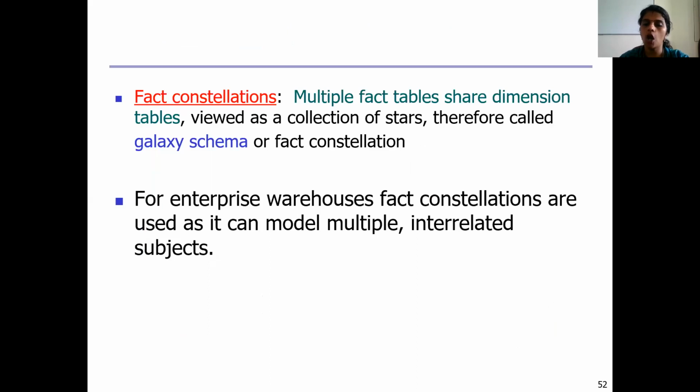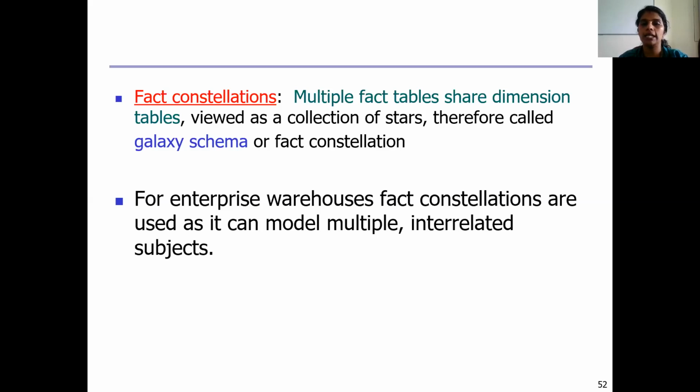Why is it called galaxy schema? Because it looks like a collection of stars. In a galaxy, you have a collection of stars. Similarly, in the fact constellation, you have a collection of star schemas, right? Main feature here is that multiple fact tables share the same dimension tables.